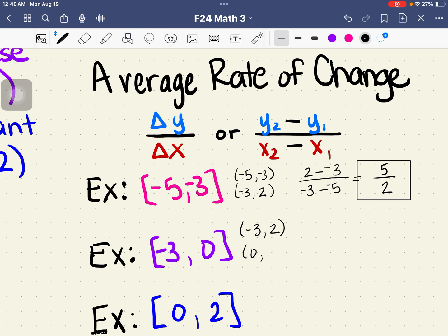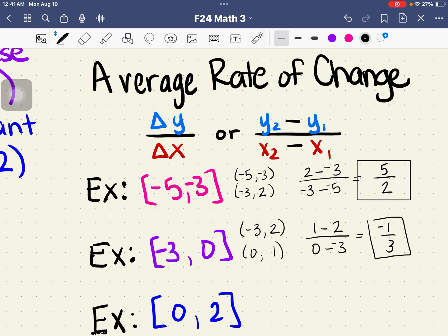At 0, the y value is 1. And again, we're going to calculate just like we've been doing. We're going to take our second y and subtract our first y, take our second x and subtract our first x. So 1 minus 2 is -1, and 0 minus -3, or 0 plus 3, is 3.